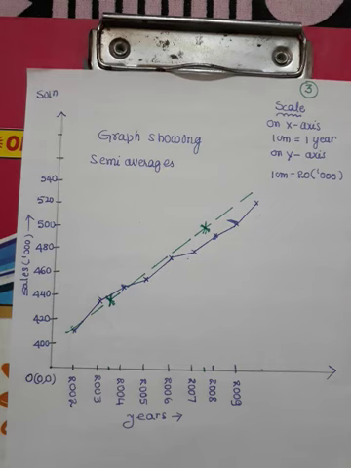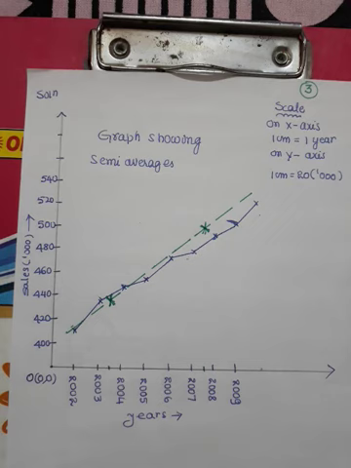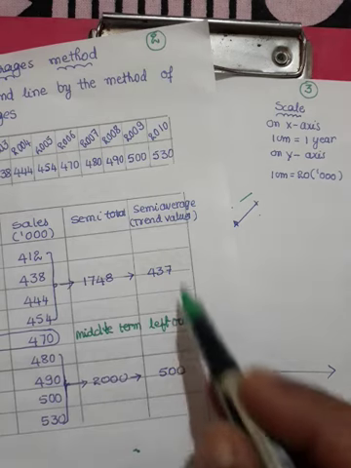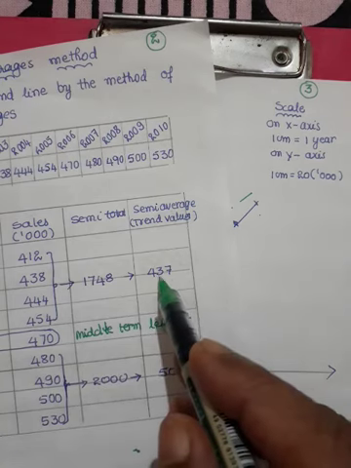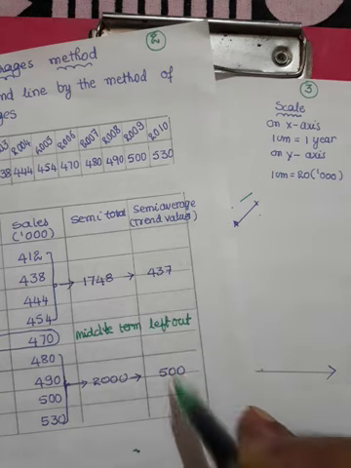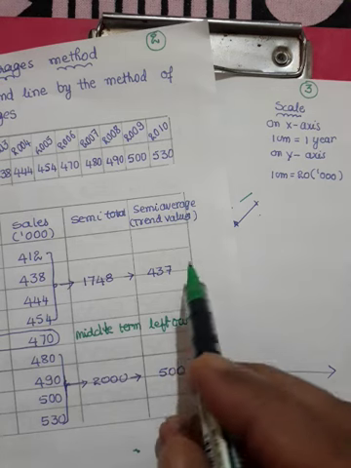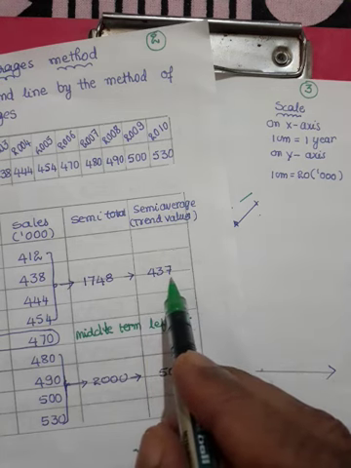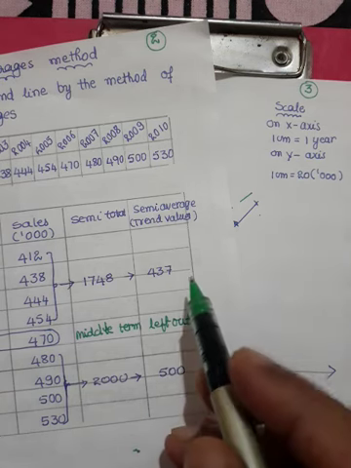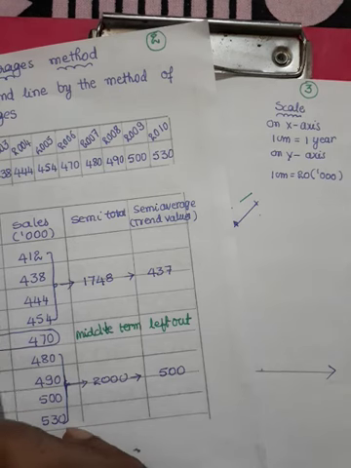Afterwards, we have to draw a trend line. For the trend line, we have to take the trend values. We have two trend values in the semi-averages method. These two are the semi-averages or trend values, and they are to be taken on the graph sheet. 437 and 500 are to be taken along the y-axis, for the corresponding years.